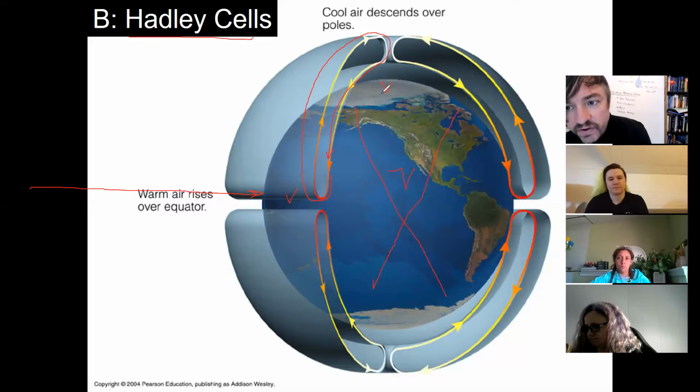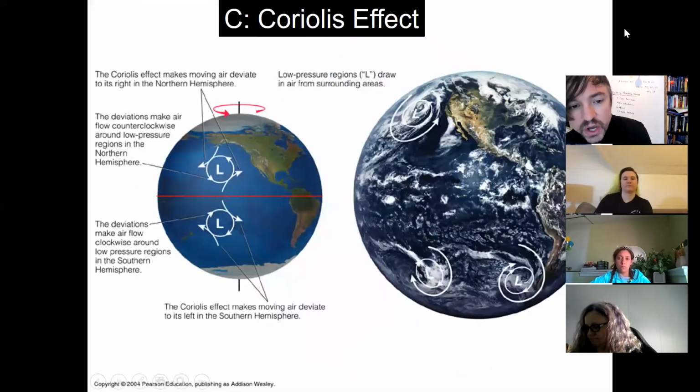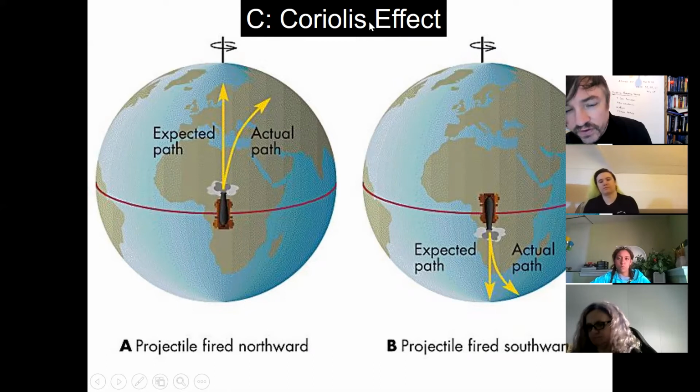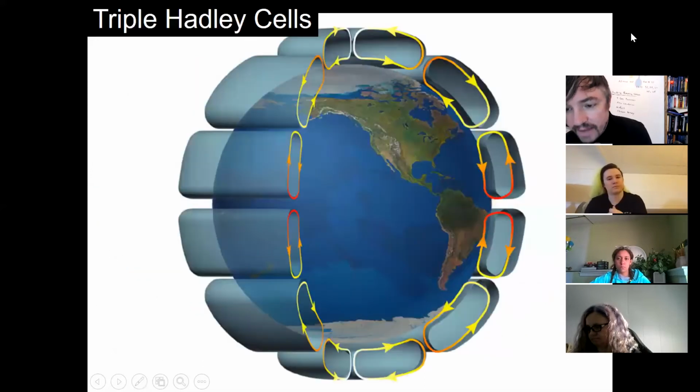This is not how circulation works on Earth because of its rotation. When you add rotation to a planet, you add this twisting effect that you've probably never heard about before. You study it in a basic physics class. It's called the Coriolis Effect, and it's a twisting force that happens in a rotating coordinate system.